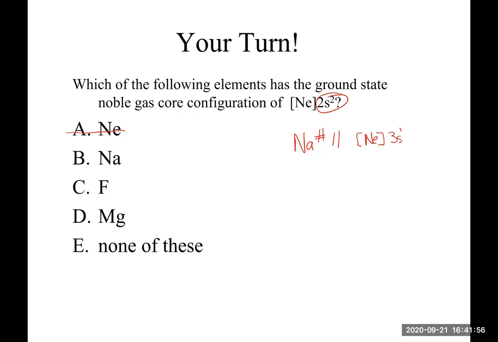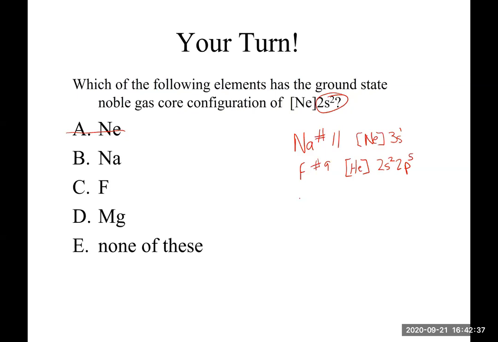So when we draw fluorine, it would actually be helium, and then from helium we would have 2s2 and then 2p5 to get to fluorine. So that doesn't match what we have up there for that configuration.